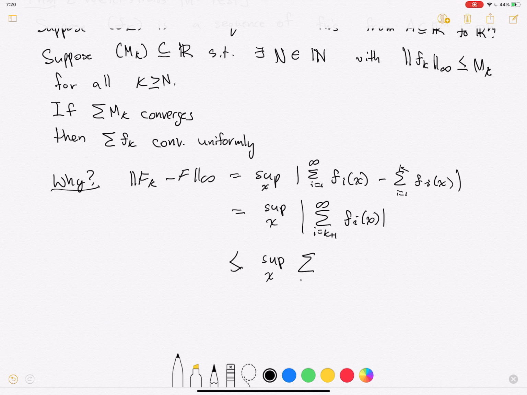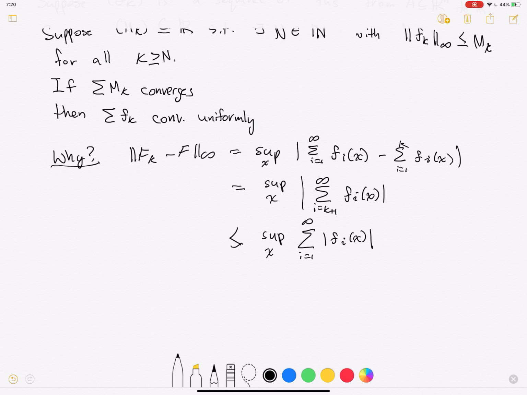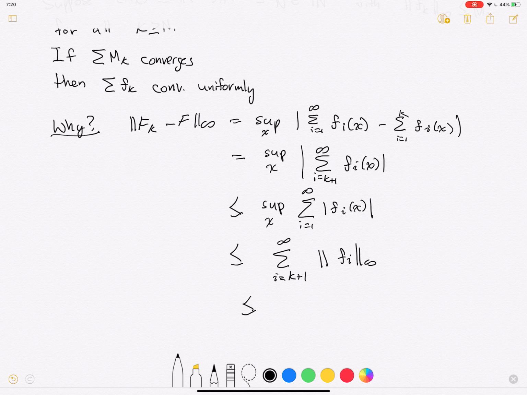So we move that in. And this is less than or equal to the sum from k plus 1 to infinity of the supremum, which we said was bounded by M_i.